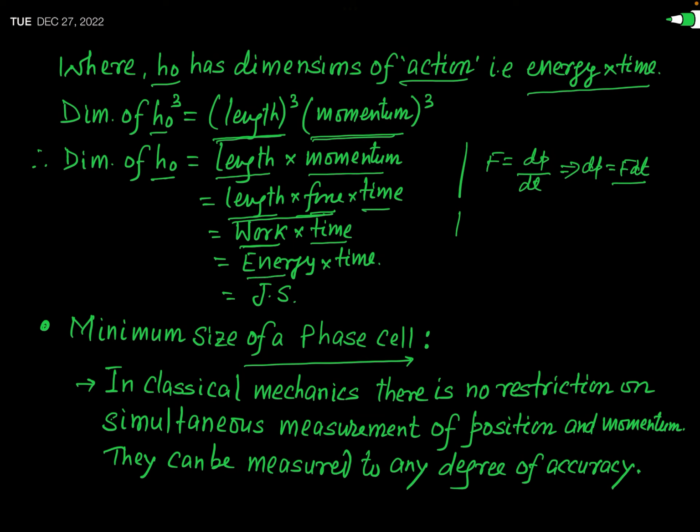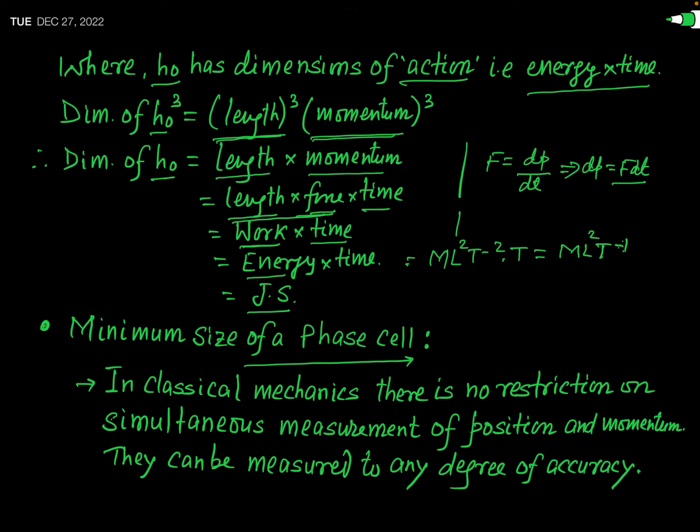Okay. So what is the dimension of h naught? The dimension of h naught will be simply equal to the dimension of energy and time. And you may write it like this. You know that the dimension of energy is ML^2 T^-2, times T. So this will be simply equal to ML^2 T^-1, or you can say joule times second.